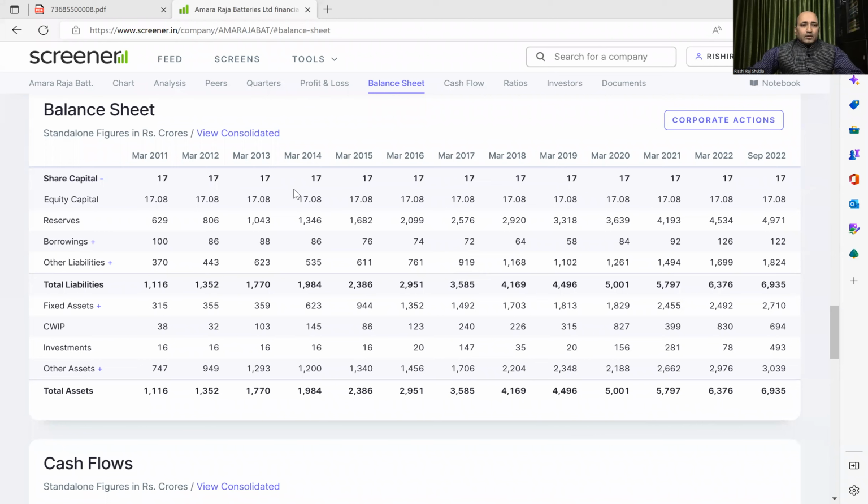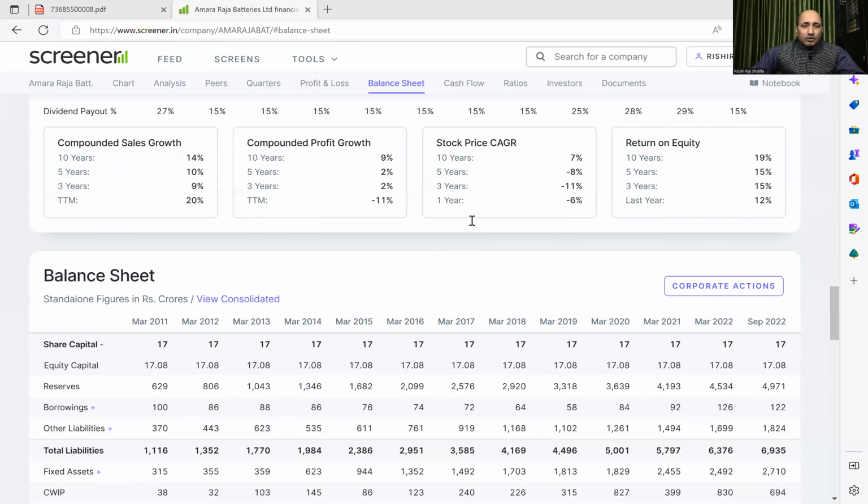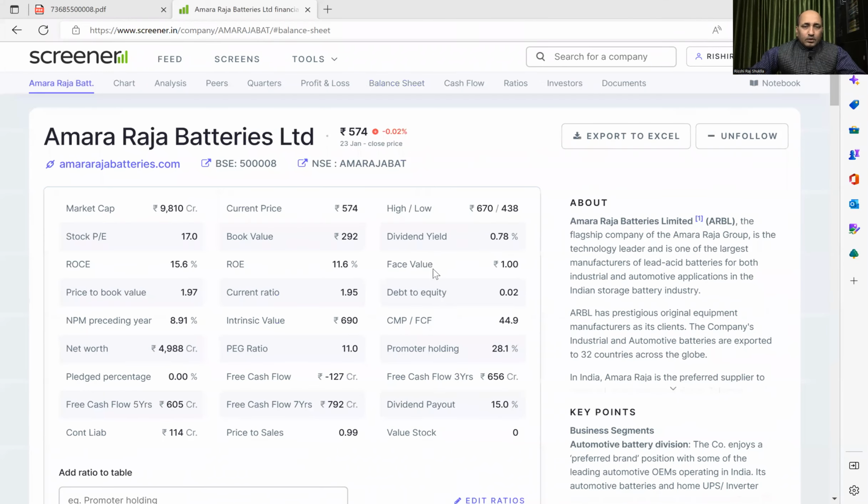Here you can see this balance sheet, equity capital 17.08, or as it is in crore, 17 crore 8 lakh. More exactly, it is 17 crore 8 lakh 10,000. And as for face value, you will ask from where I get face value. If you scroll up, you will see here face value is 1 rupee.